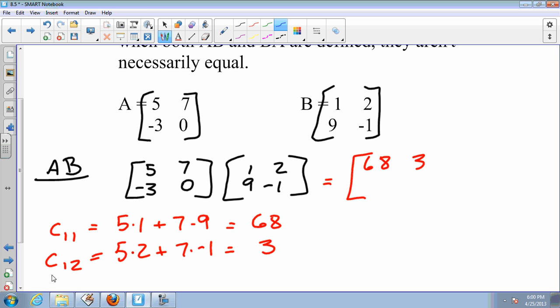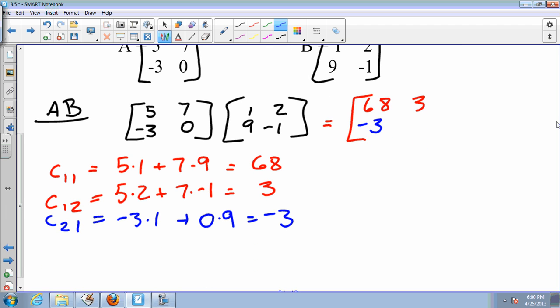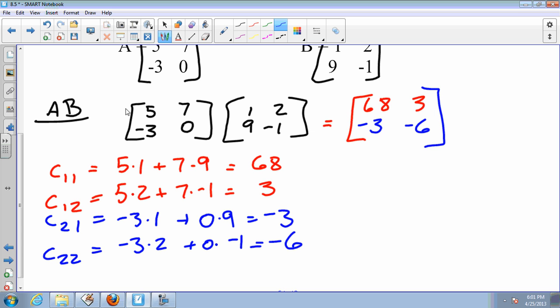Now for row 2, C2,1, take our second row, -3, 0 times our first column. -3 times 1 plus 0 times 9 gives us -3. And C2,2, -3 times 2 plus 0 times -1 gives us -6. So AB is a matrix 68, 3, -3, -6.